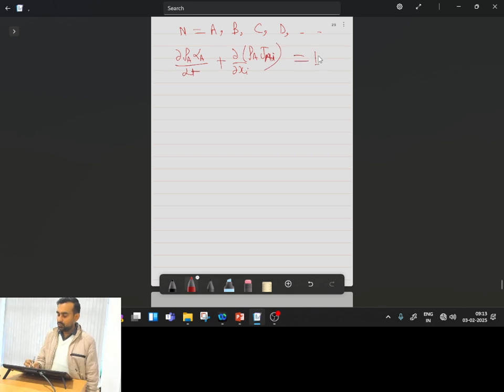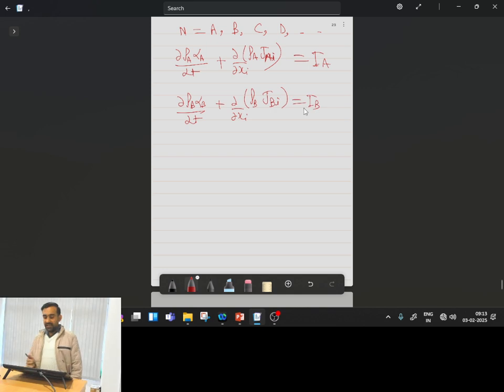And this has to be equal to the source term for phase A. Similarly, if I have to write for phase B, it will be del rho B into alpha B by del t plus del by del xi of rho B into j B i equal to the source term for phase B. Likewise, you can write for all the phases. Is this one clear? Now, if you add all these terms, what will you get?